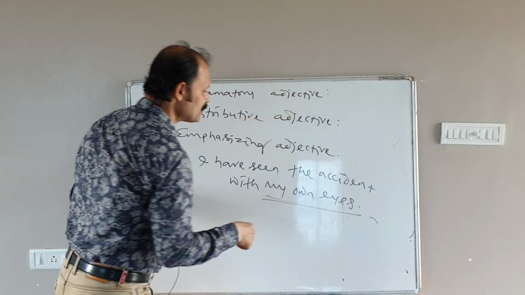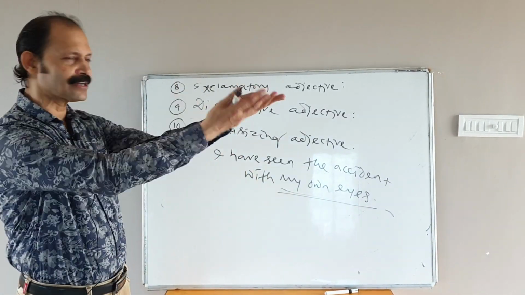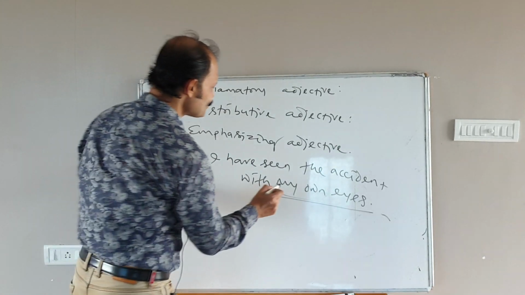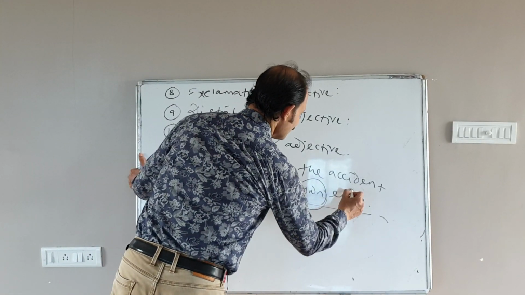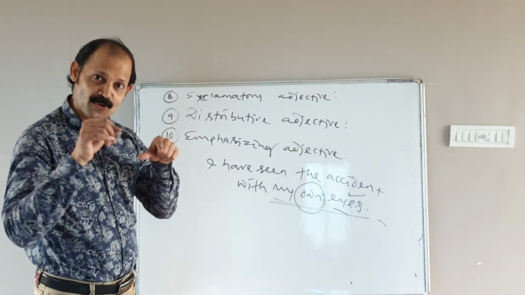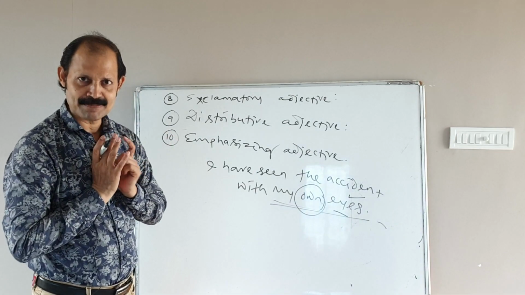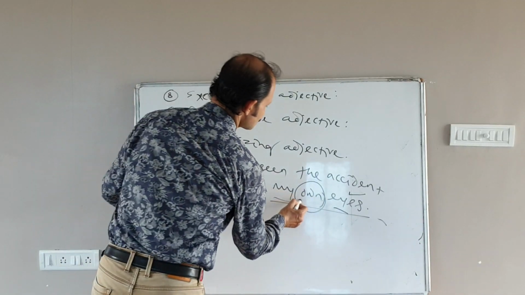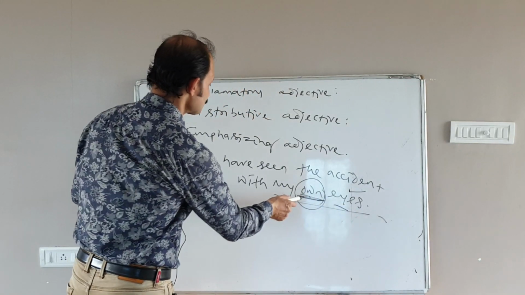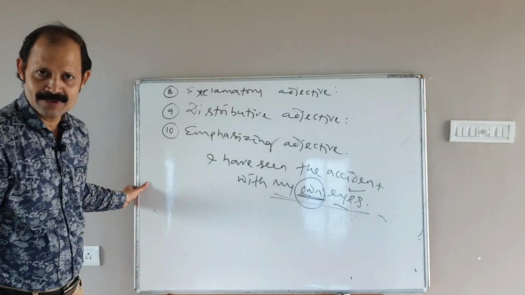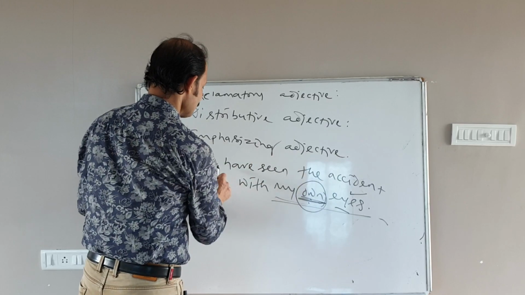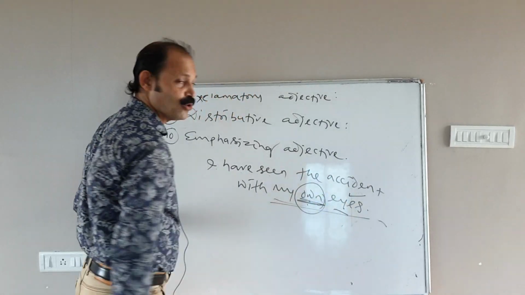My eyes and with my own eyes, that means can I borrow others' eyes to see? No. Still sometimes we use own in order to give due emphasis that I have seen it myself. So we use such words, and because they describe the noun in an emphasizing way, they are called emphasizing adjectives. Things are clear? So emphasizing adjective. I have seen the accident with my own eyes.